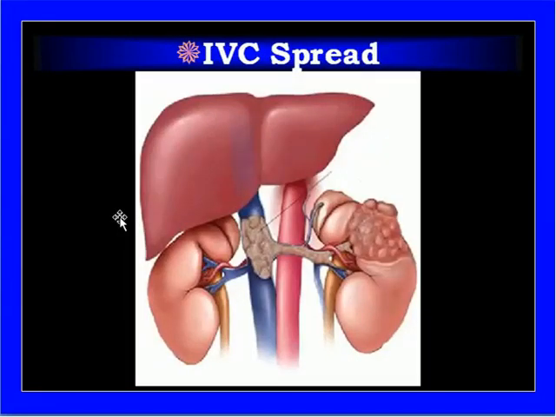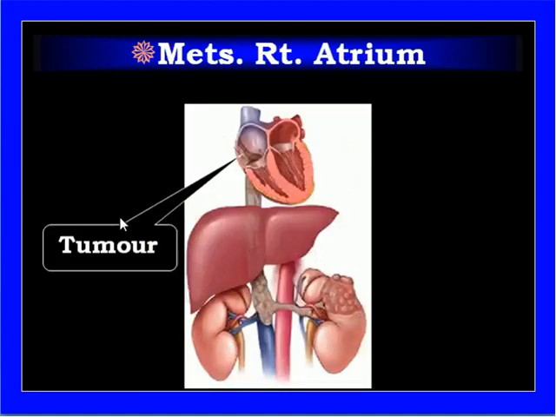This is the hand picture of the renal vein invasion as well as the mass going through the IVC. Here you can see the left renal vein is all thrombosed with the tumor and is getting up to the right atrium through the IVC, and ultimately the tumor reaches the right atrium.